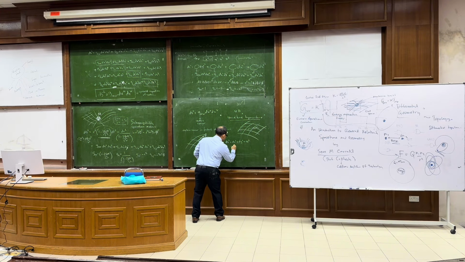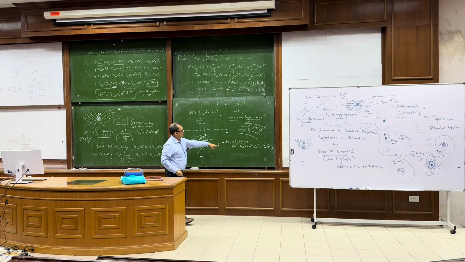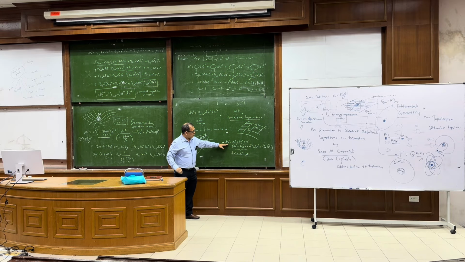You can say this is dx i, dy j, dz k, dot product with itself. Right? So this is the position vector, dr dot product dr, and you get ds square. Generally it applies also in space and time.